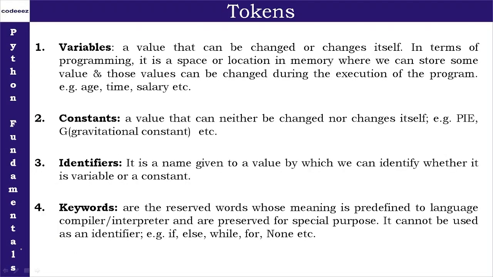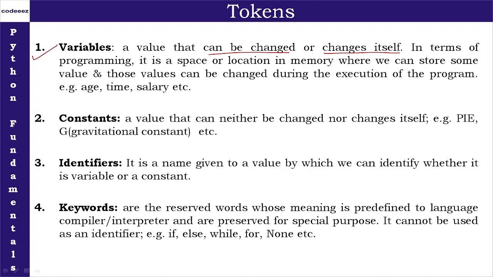The first one is variable. What is a variable? A variable is simply a value that can be changed or changes itself. If we talk about a real life example, let us take the value of age. It keeps on changing with respect to time. If we talk about salary, salary can be changed by the head of the organization or the HR department. So basically, a variable is simply a value that can be changed or changes itself.